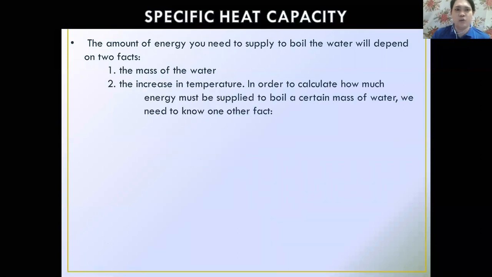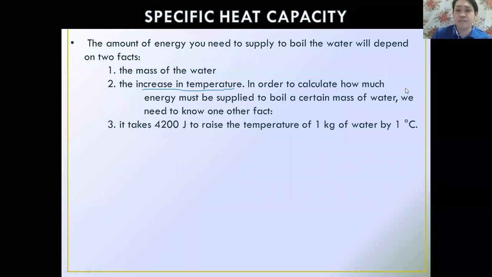The second one is the increase in temperature. In order to calculate how much energy must be supplied to boil a certain mass of water, we need to know also one fact, under the increase in its temperature. So what is this fact?